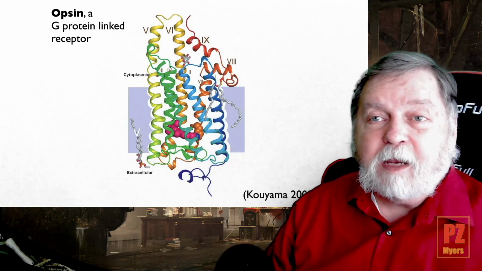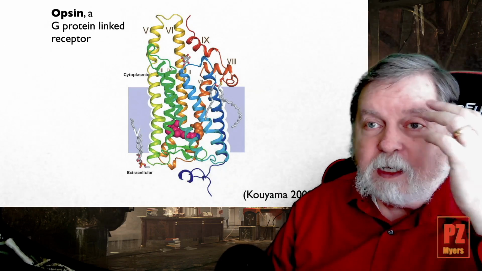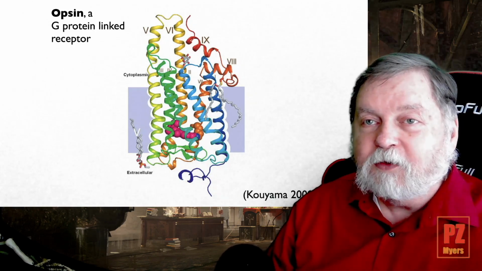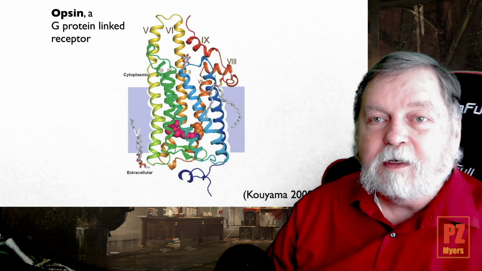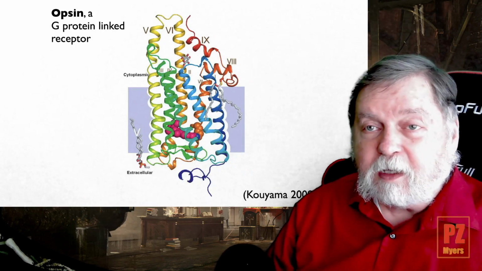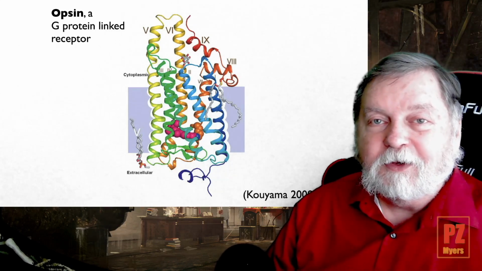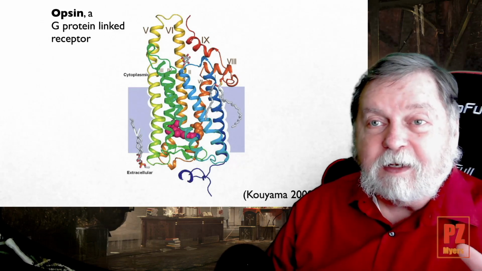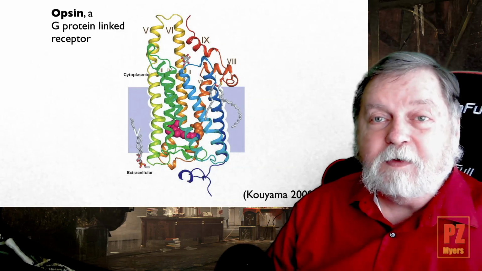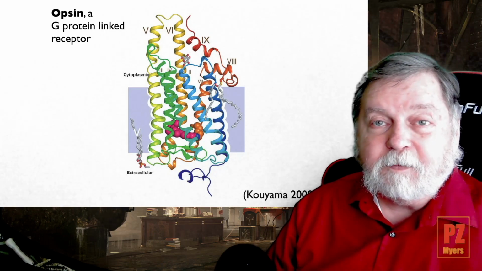And this acts as an amplifier. So when retinal changes its shape, it butts up against the walls of the barrel that it's in and causes a conformational change in the opsin protein, and then opsin does interesting things. It's then activated and can do all kinds of stuff to expand the response to that light signal.